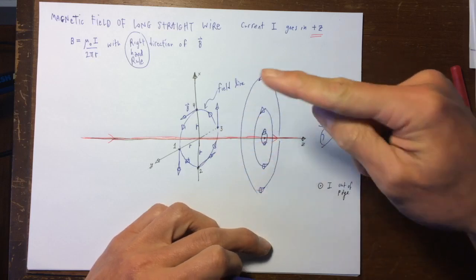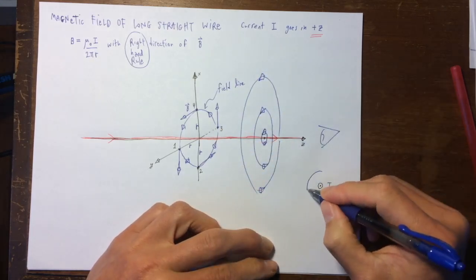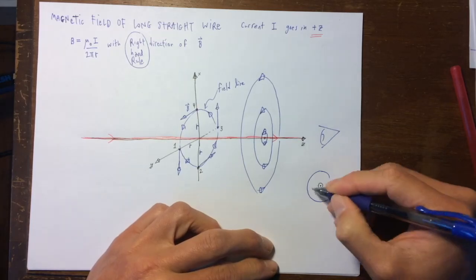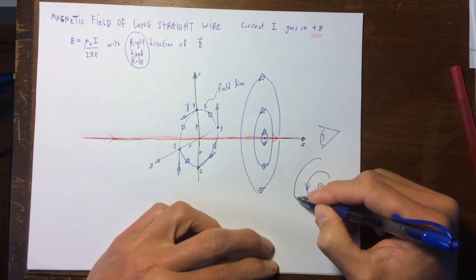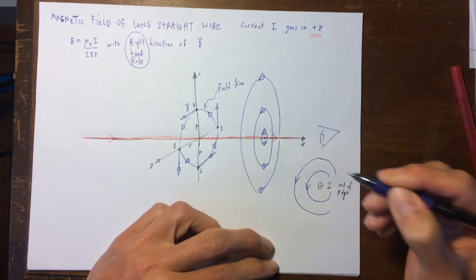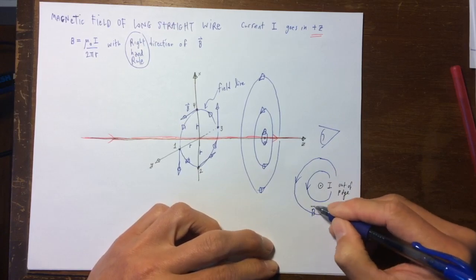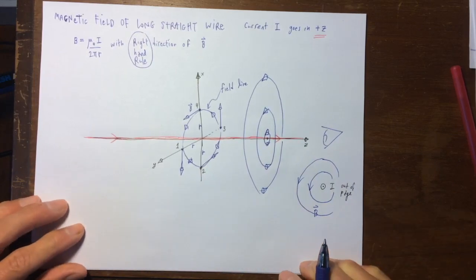That's the counterclockwise sense. So the magnetic field lines cycle counterclockwise. This is the field lines B.